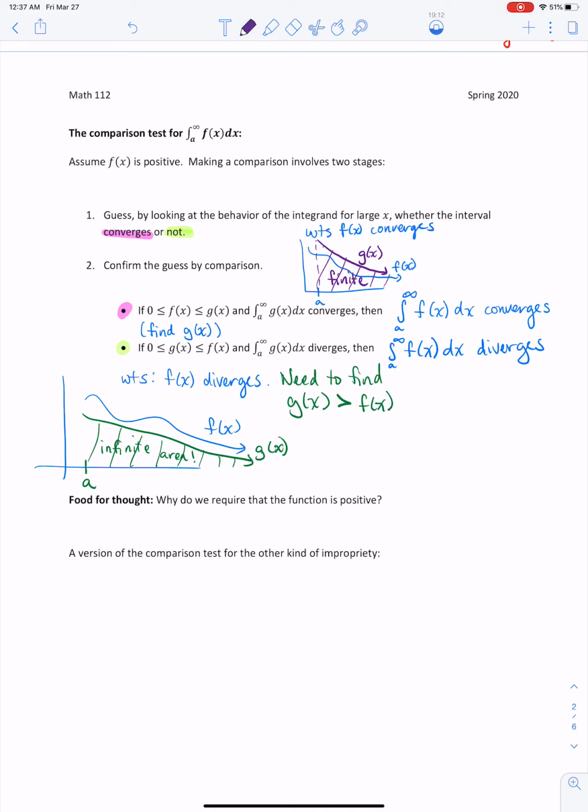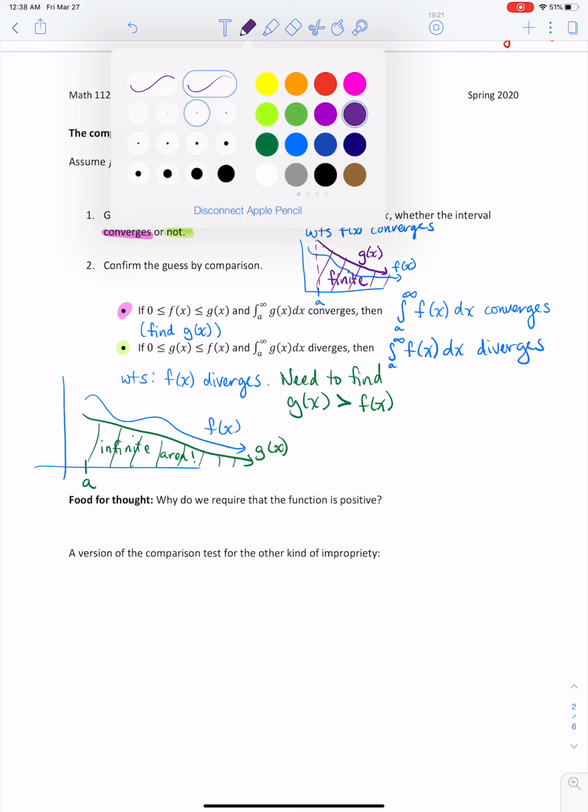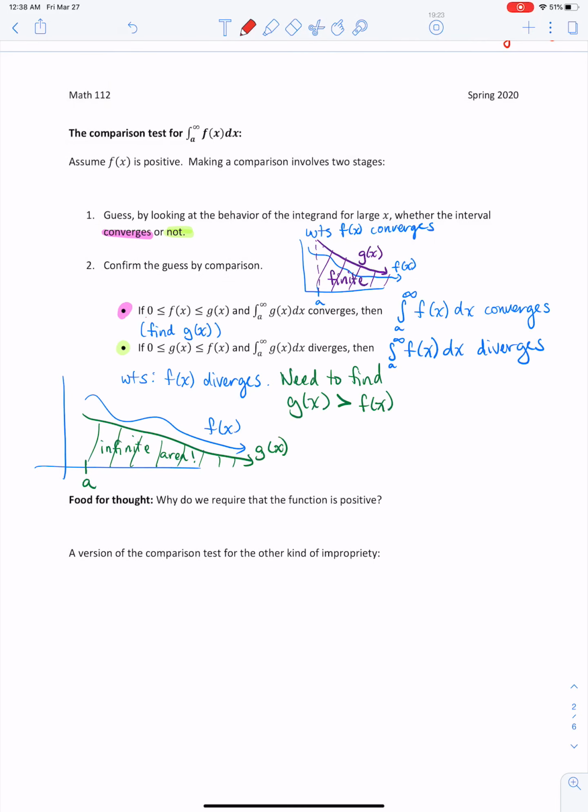So it is really important that we always have zero being a lower bound for all of these functions.